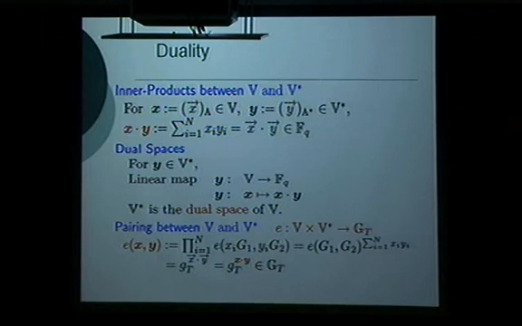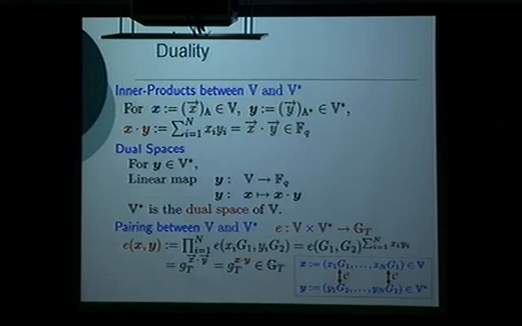So now we introduce a pairing between V and V star. Pairing is originally defined over groups, so the starting point is the pairing groups.